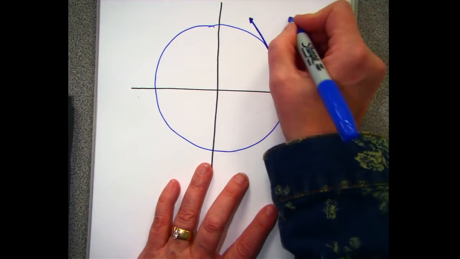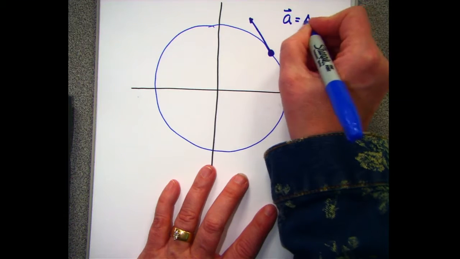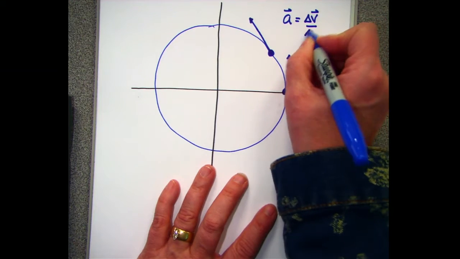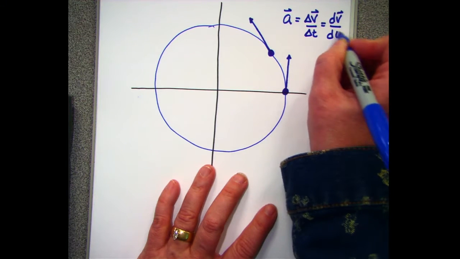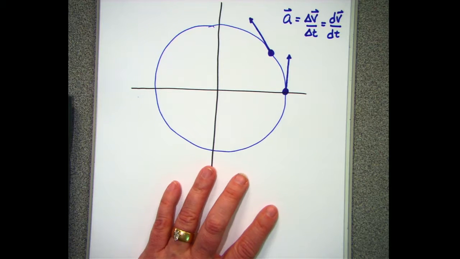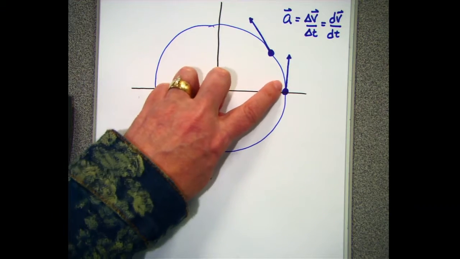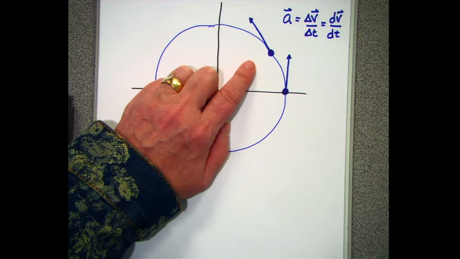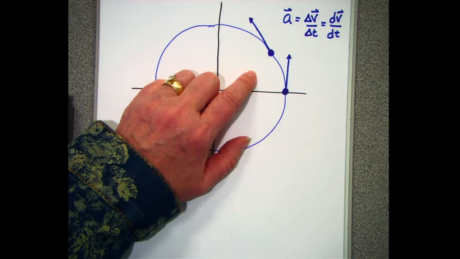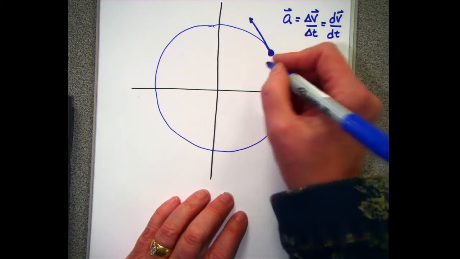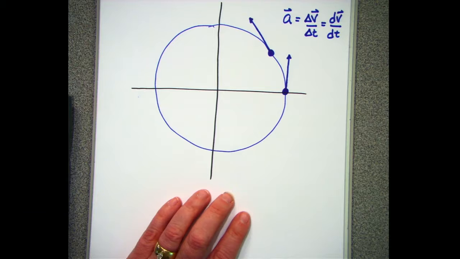My acceleration is a change in velocity with respect to time, and I'm going to write it out in the calculus vernacular as well. Even though it's traveling at the same magnitude, because I'm changing direction, I end up with an acceleration. And we even talked about how that acceleration is actually directed towards the center of the circle.